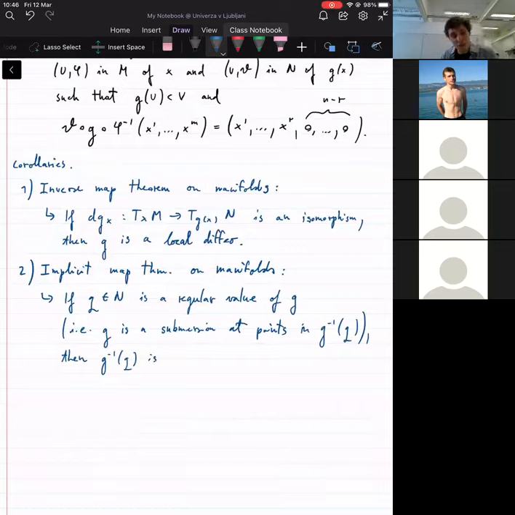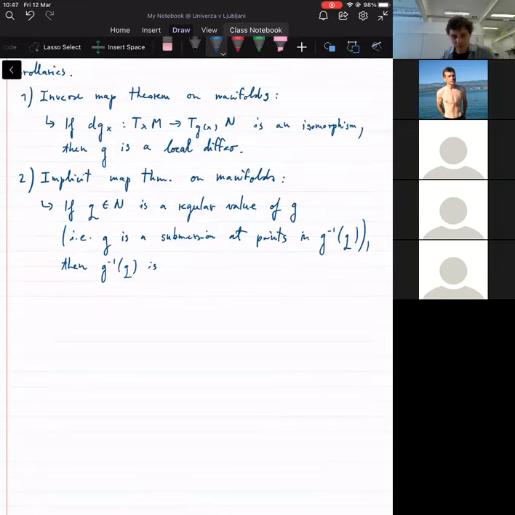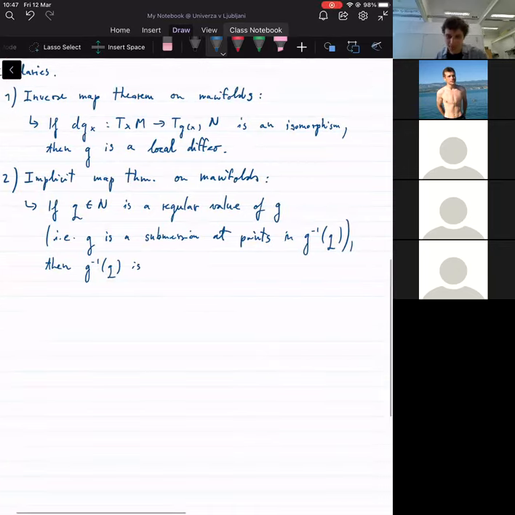Then this g^{-1}(q) is a submanifold. Of what kind? Smooth. Anything more? Closed, automatically, since it's the pre-image of a singleton. Yeah, well, embedded is the right adjective.